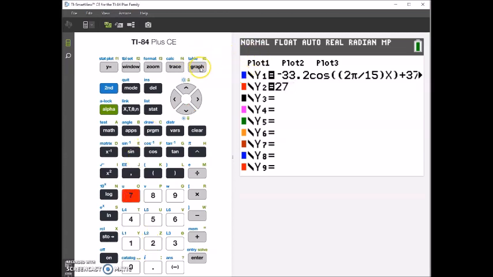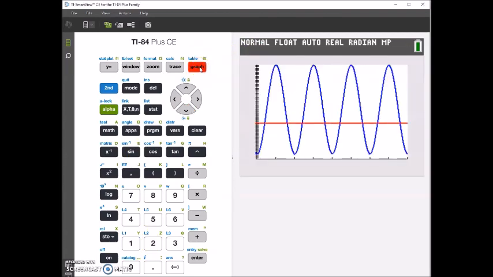And then when I graph that, I'll see that the red line is just the equation y equals 27. So what I want to do to find the first time that the passenger reaches a height of 27 feet is find where these two equations intersect.